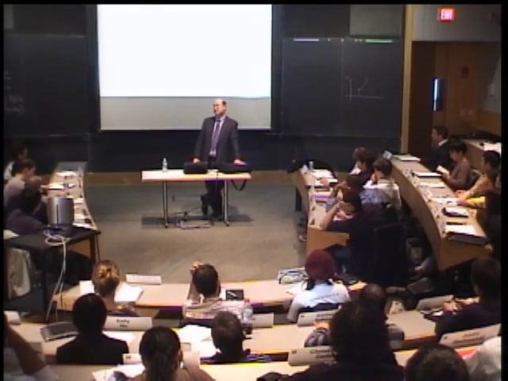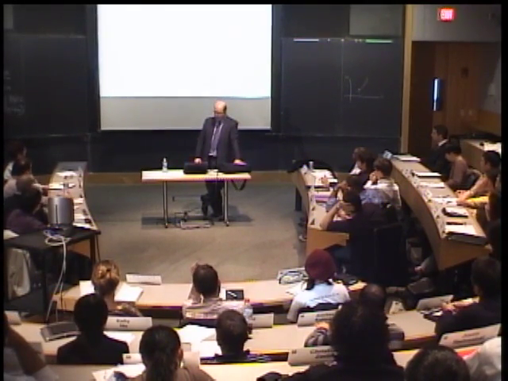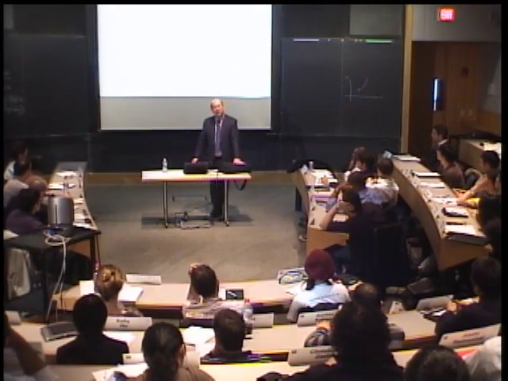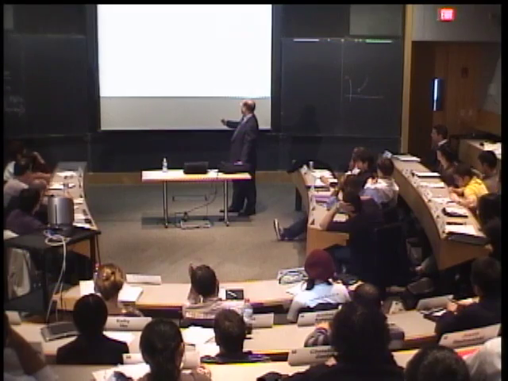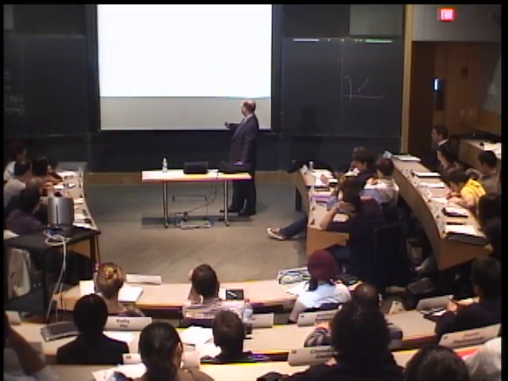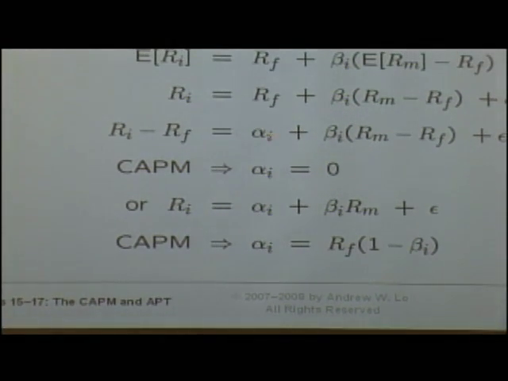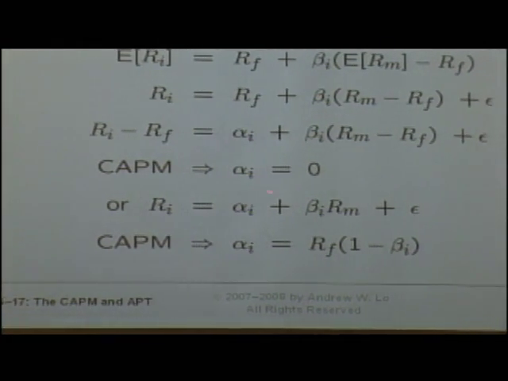That's what the CAPM says. And if you want to formulate it strictly in terms of total rates of return, it says that the alpha has to be equal to the risk-free rate times 1 minus beta. This is a different alpha than this alpha. This alpha represents the excess rate of return, right?